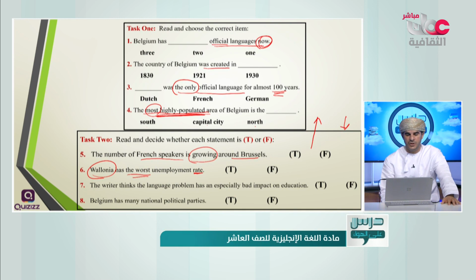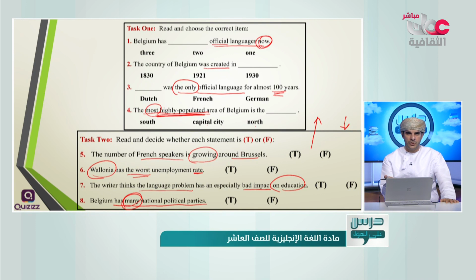Okay, the percentage. True or false? The writer, the one who has written this text, thinks the language problem has an especially bad impact on education. Is that so? Okay. Belgium has many national political parties. Many, not one or two, many political parties.